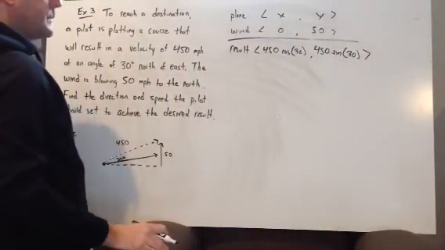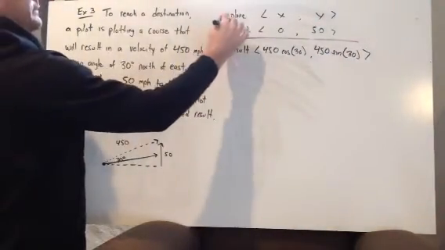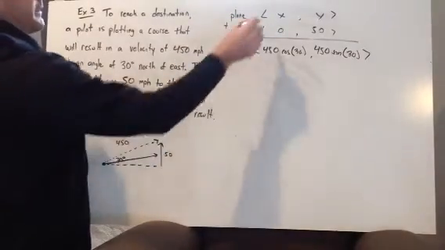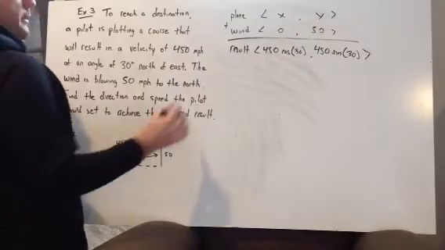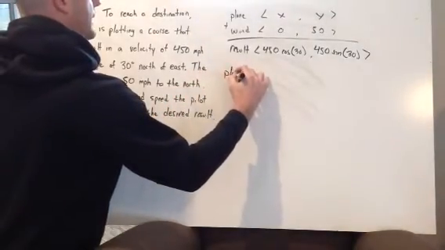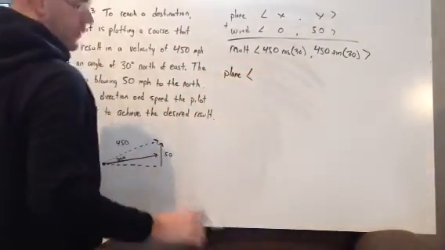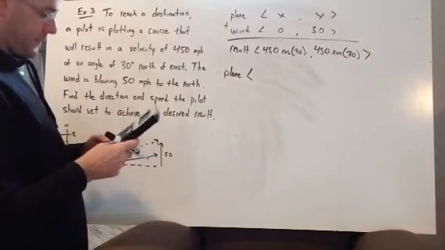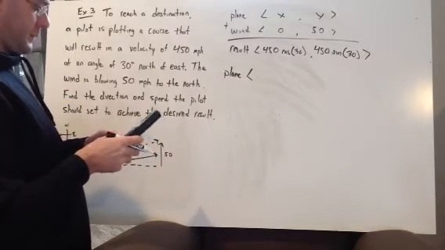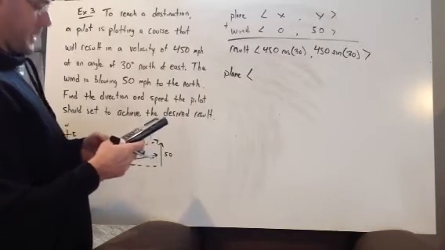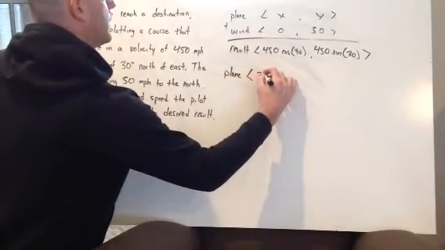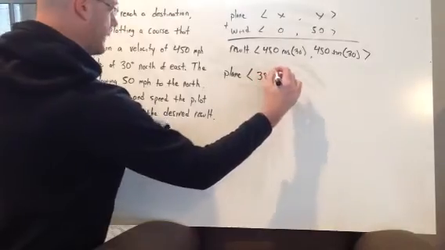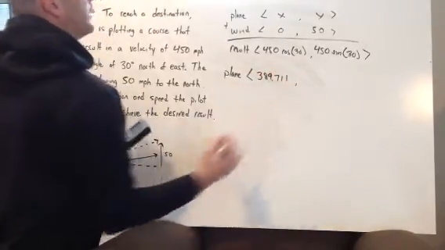Okay. So if we had this equation, then we are going to add these together. X plus 0 equals 450 cosine 30. And so when I figure out the component form of my plane, I can do 450 cosine 30 minus 0, 389.711.